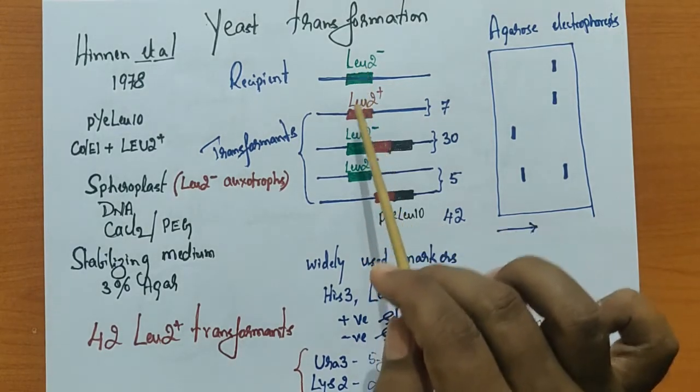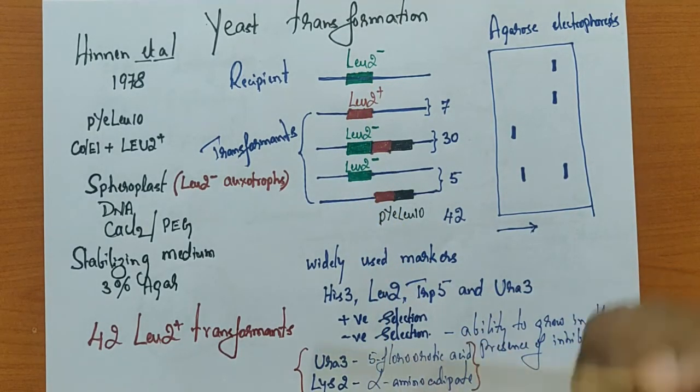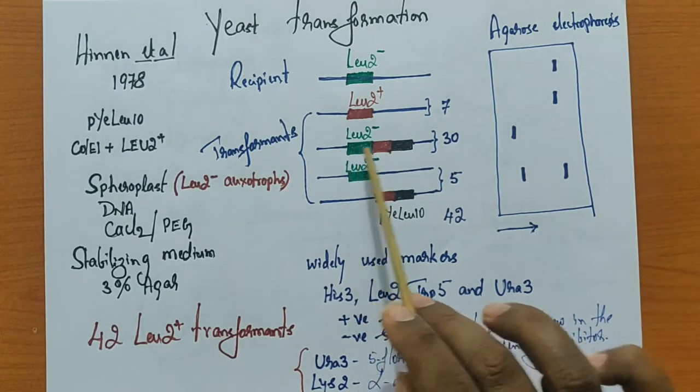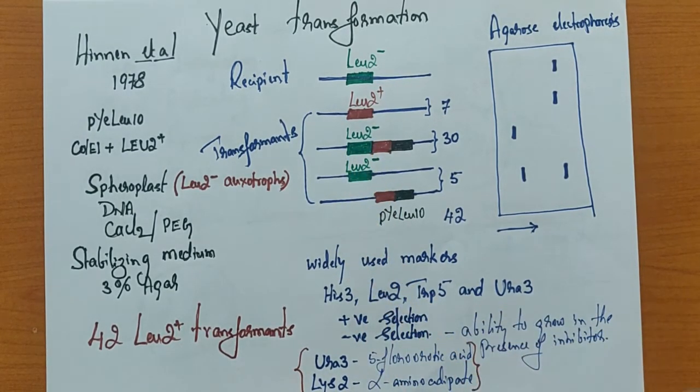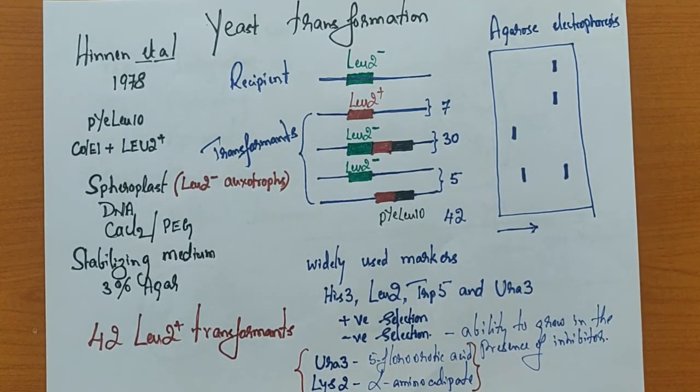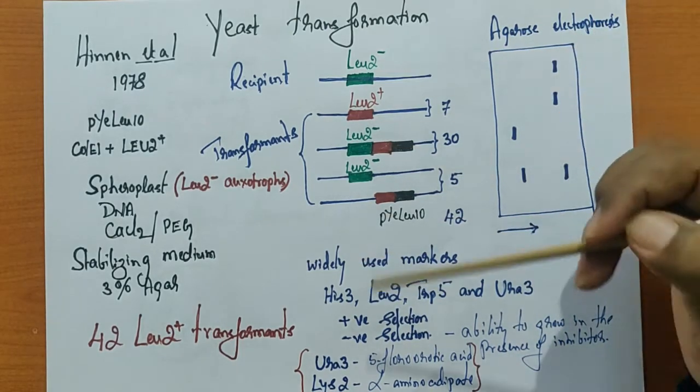Based on this particular experiment, it has been clearly suggested that we need a homologous region in order to have recombination or integration. For example, from the vector, the mutated gene or the functional gene has to undergo transformation through the process known as homologous recombination.